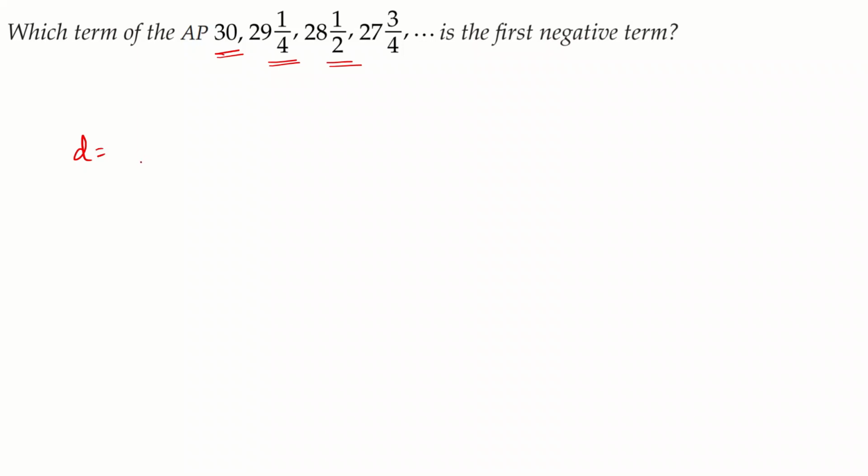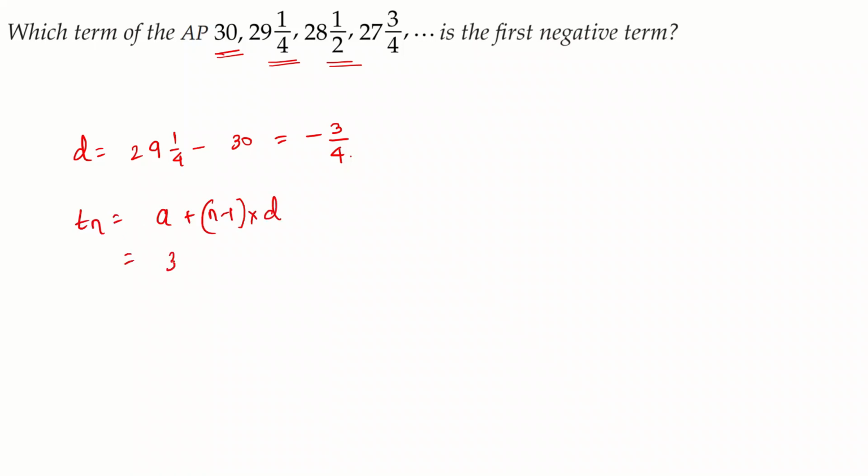The common difference is the second term minus the first term, or the difference of any two consecutive terms. So 29 1/4 minus 30 will give me minus 3/4. So this is my common difference. Okay, what is the formula for the general term? Tn is equal to a plus n minus 1 times d.